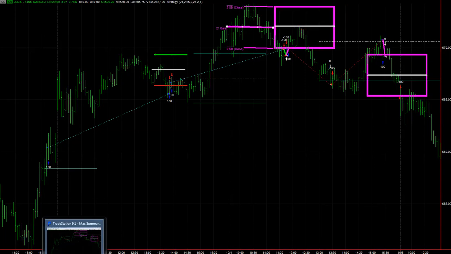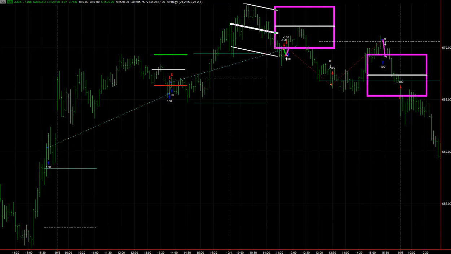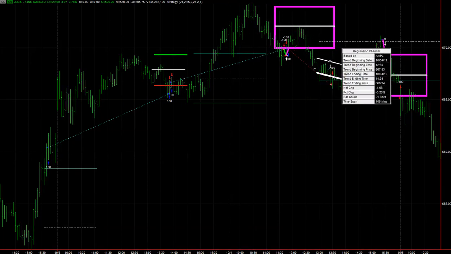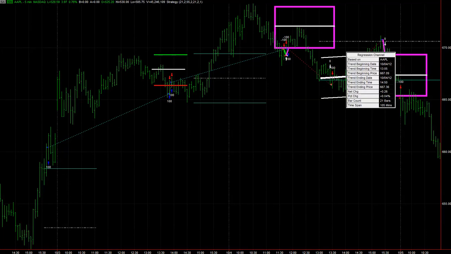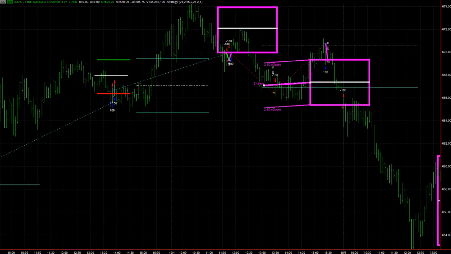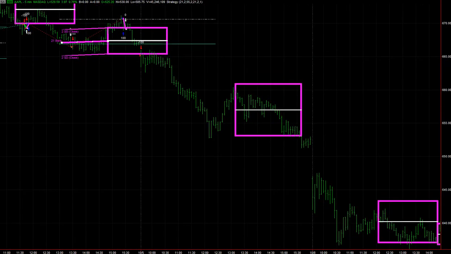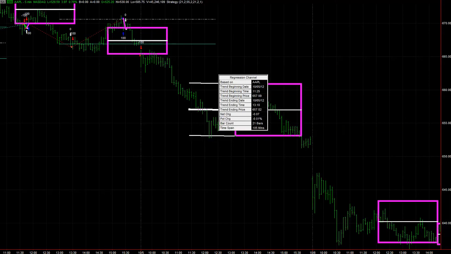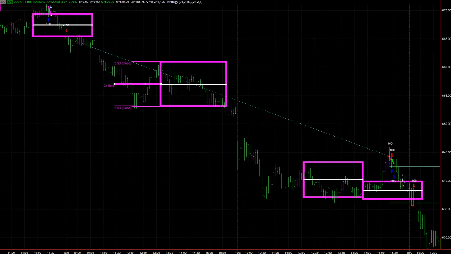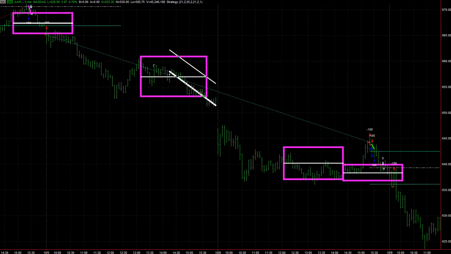And I've drawn the next box where it should be. So that's the first box. There's the second box, validated. The third box to be validated is down here. The fourth box to be validated is down here.